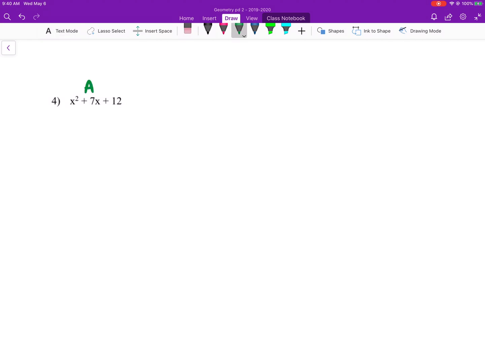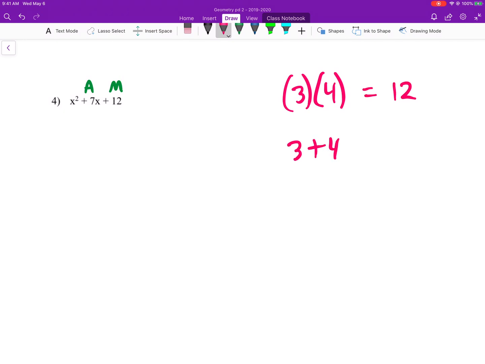We need the values to add to 7 and multiply to 12. So what multiplies to 12? 3 and 4. That multiplies to 12. Does that add to 7? It does.